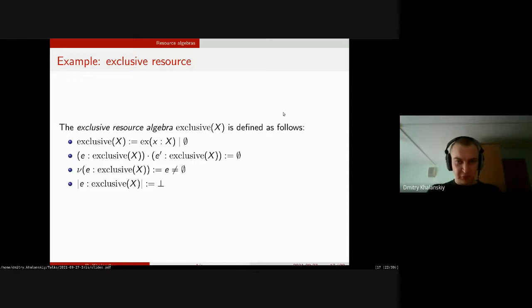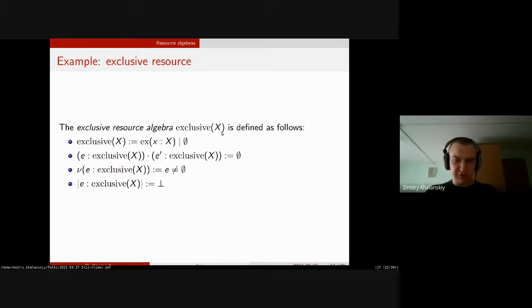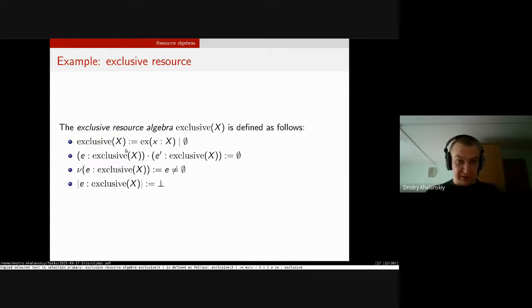A simple resource algebra is the exclusive resource algebra parameterized by some arbitrary type of data structures. What are the elements of this resource algebra? They can be of 2 forms.